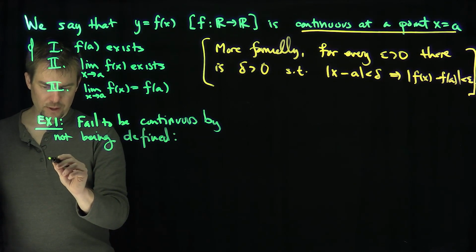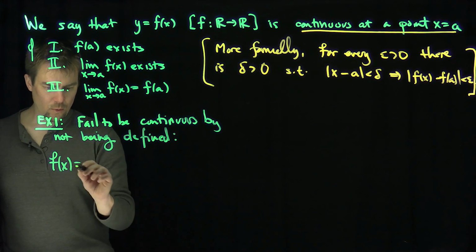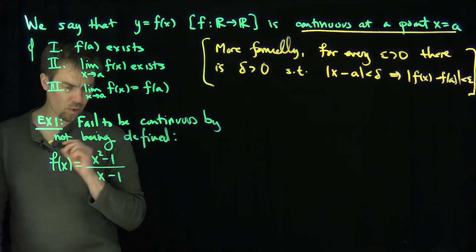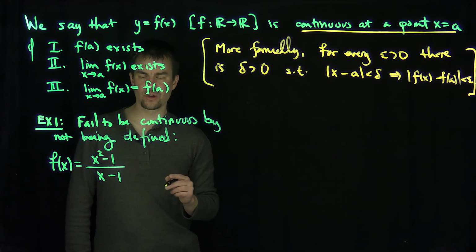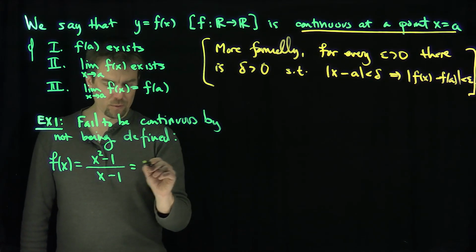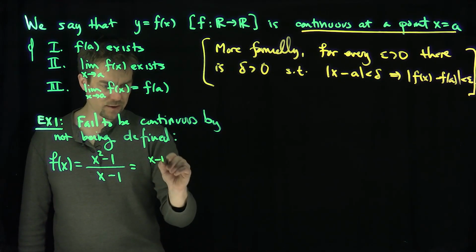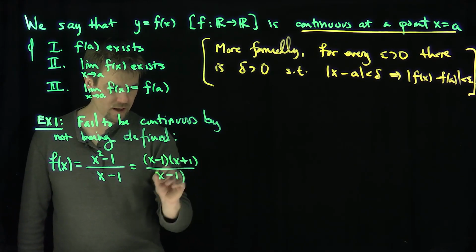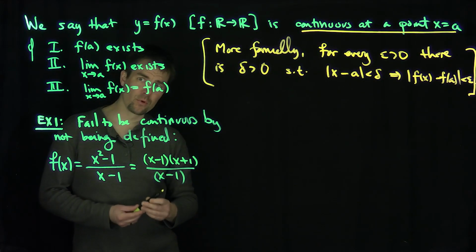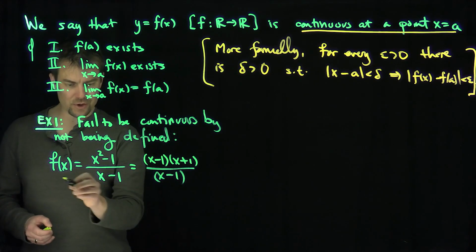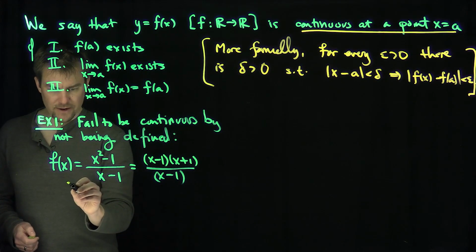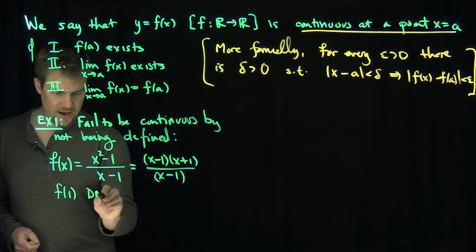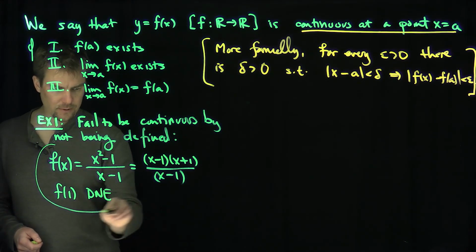If I look at this function over here, f of x, which is x squared minus 1 over x minus 1, well, what does this function look like? If you were to factor the numerator, this would be x minus 1 times x plus 1 over x minus 1, and we have what's known as a removable discontinuity over here. So this function, as it's defined, is not defined at 1. So note for this function, f of 1 does not exist as it's defined over here, okay?